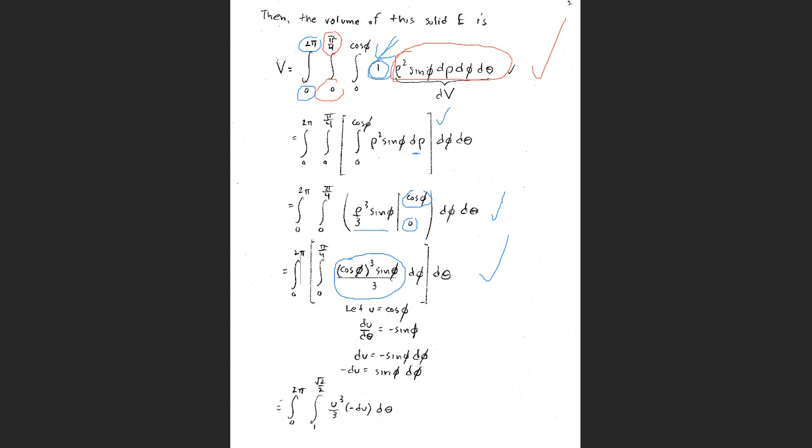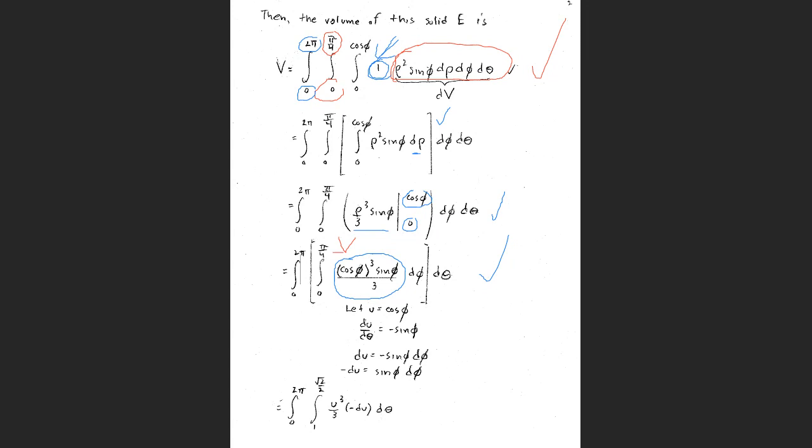Okay, well, now we're actually doing example 4 from the textbook, and when they work it out, they leave out a few details in my view. So how are they going to get the antiderivative with respect to phi of cosine phi cubed times sine phi over 3?